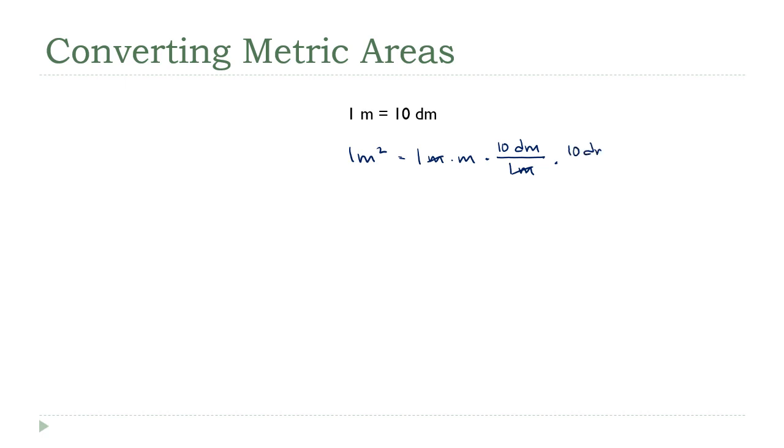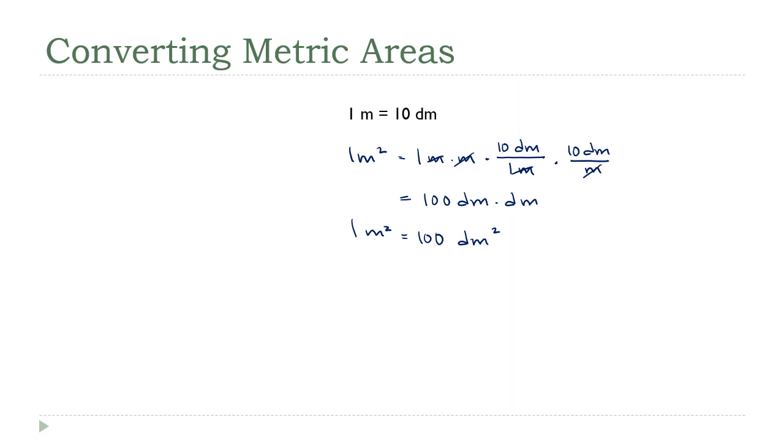Put another 10 decimeters per meter. Those meters cancel, and all I'm left with, if we multiply that out, is 100 decimeters times decimeters. Decimeters times decimeters is decimeters squared, and that's what I wanted.